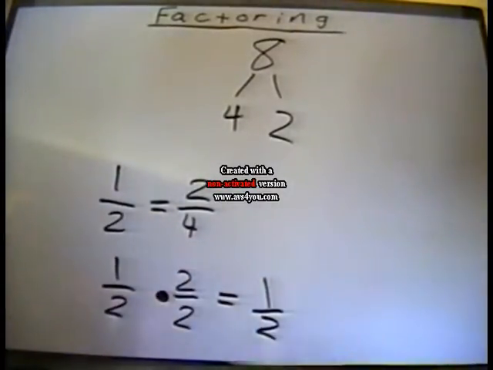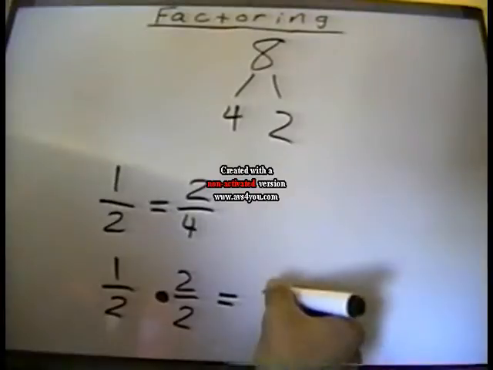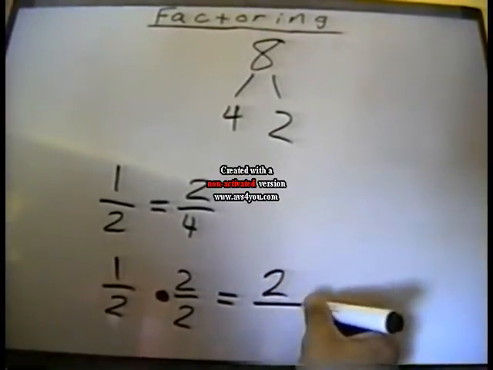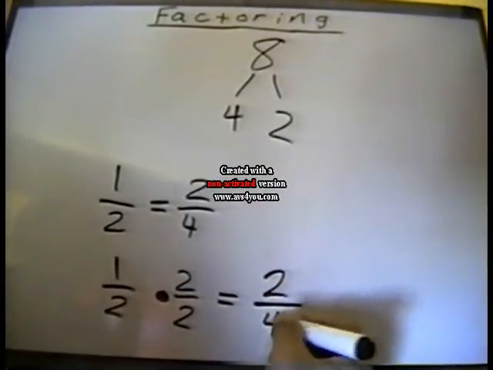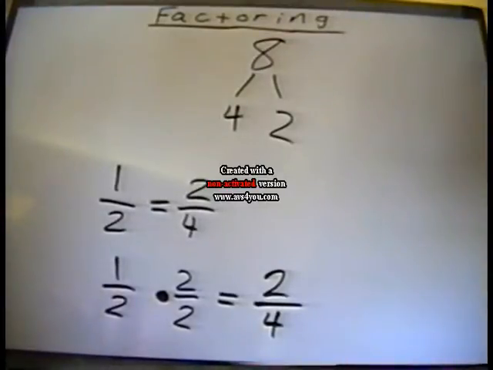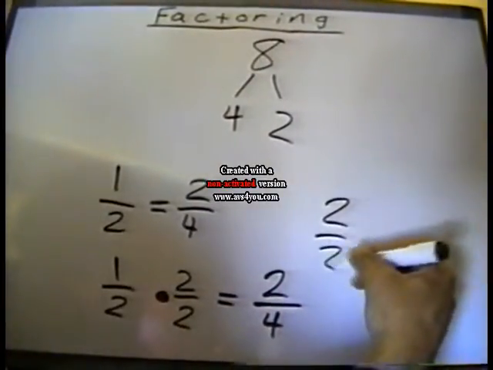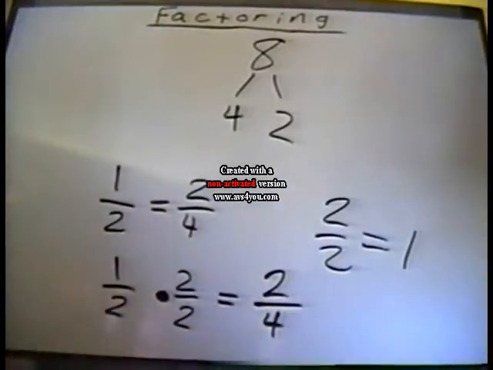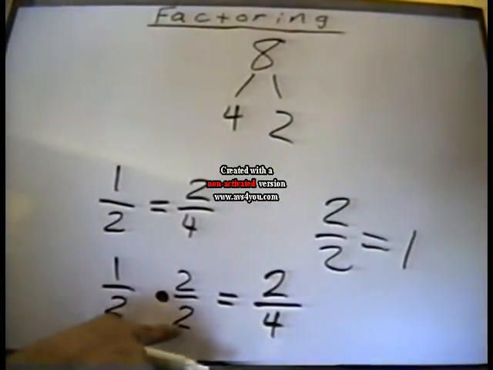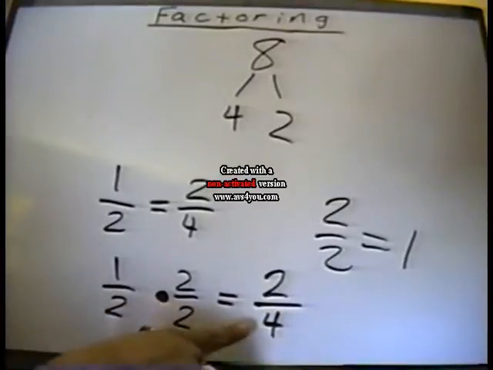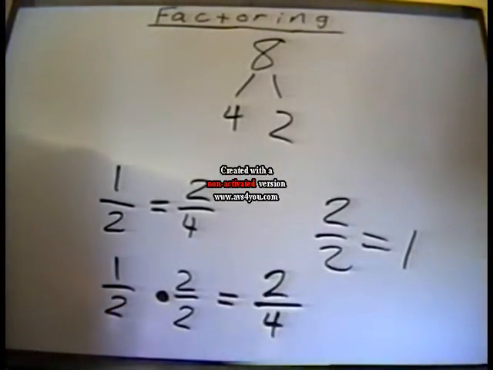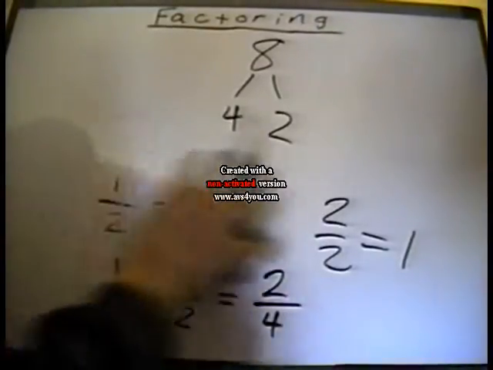But 2/2 is equal to 1. And if I multiply, you get 2 times 1, or 2, over 2 times 2, which is 4. Because 2/2 is equal to 1, multiplying 1/2 by 2/2 is like multiplying it by 1, which does not change it.